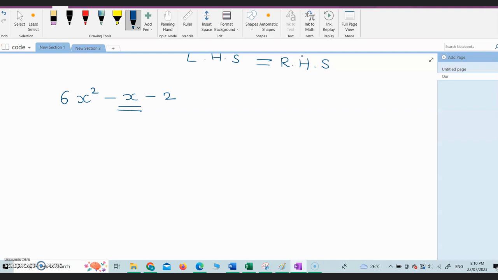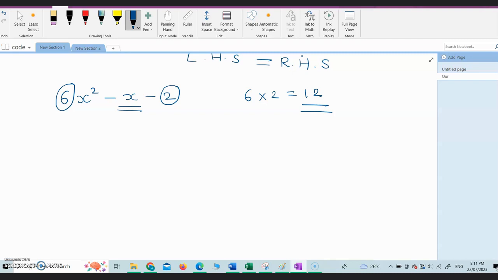The 2 parts we will get from the constant of the equation and from the coefficient of the square term. So here we have 6 and 2. If we multiply 6 and 2, we will get the number 12. Now we need to split the number 12 such that I will get 1, because 1 is the middle term here.